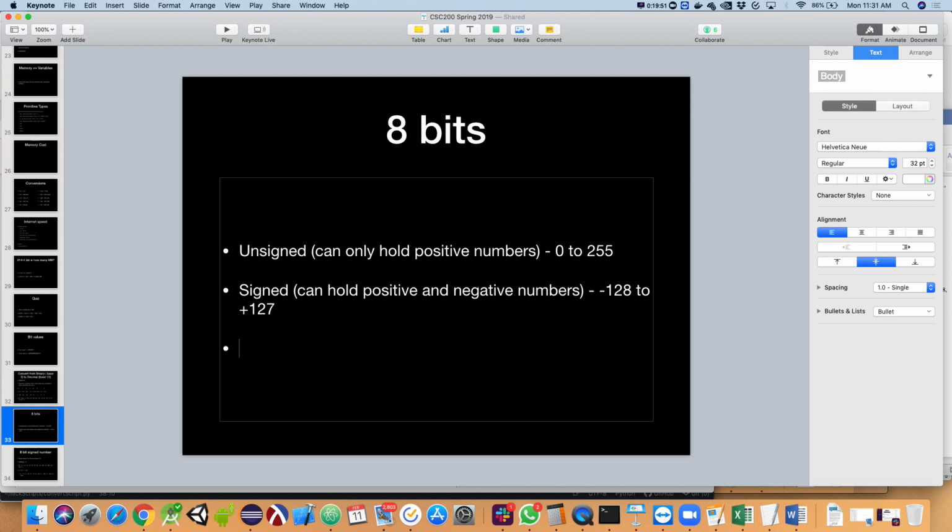But what we are doing is using the far left bit to store the sign. So we actually only get 7 of the bits for magnitude, for the size of the number. So we can say it's plus or minus 2 to the 7th power is what we can hold in an 8-bit number if we want to hold signed values, positive and negative values.